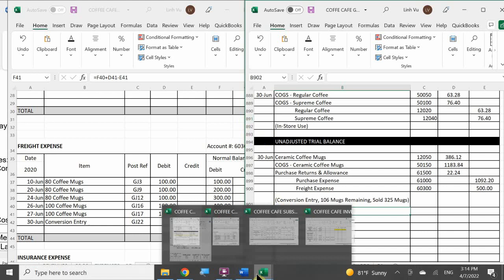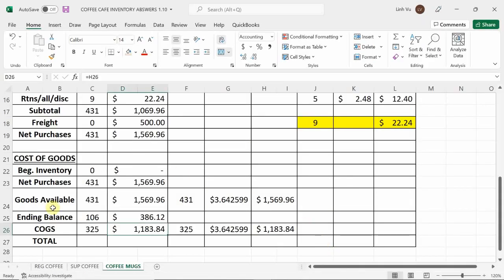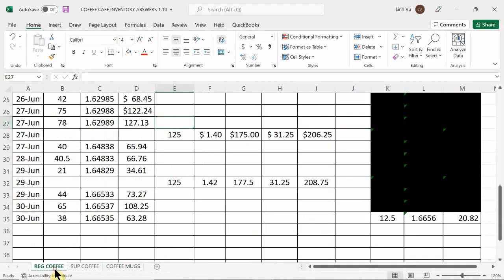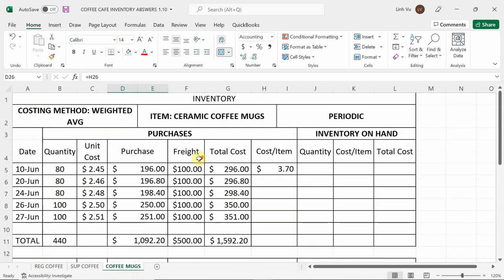Okay? And your inventory worksheet, since we already did our regular coffee and our supreme coffee, right? Those are already in our books the way they are. We just did our adjustment to the inventory worksheet. So therefore, we don't need our inventory worksheet anymore.